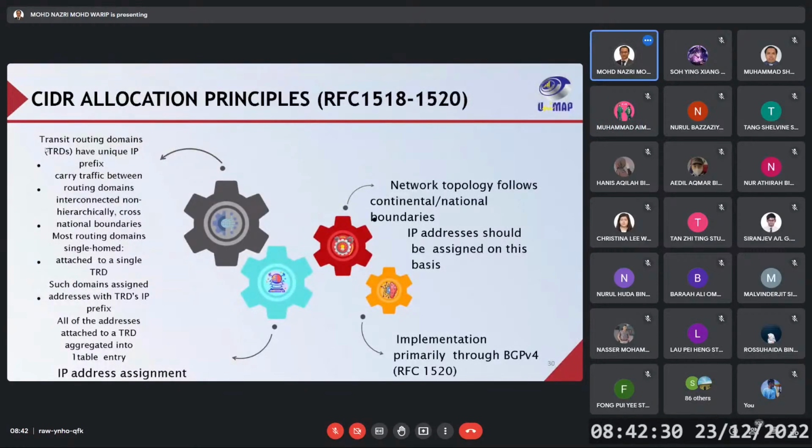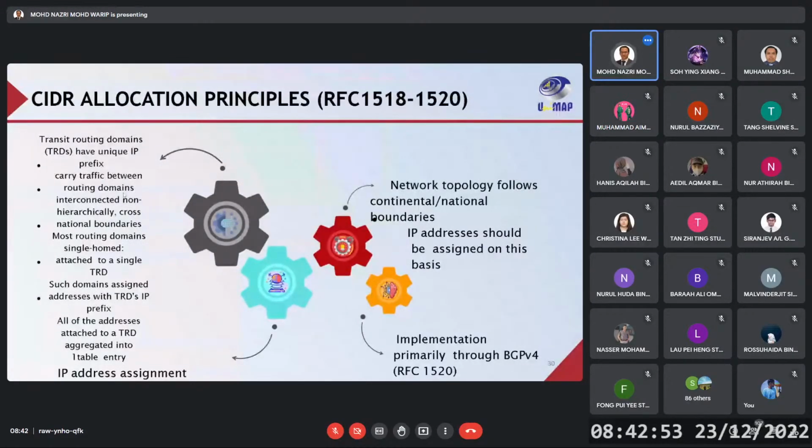Okay, transit routing domain or TRD. Transit means you stay for a while, temporary. Transit has a unique IP prefix that carries traffic between routing domains.